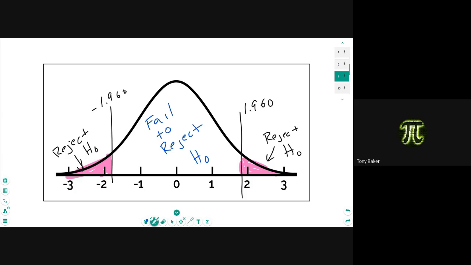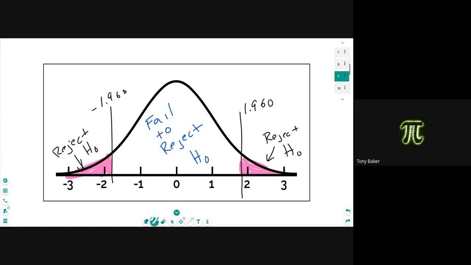Does anywhere on there say, I accept the null hypothesis? No. Anywhere on there say, I accept the alternate hypothesis? No. You never actually accept anything. Okay? You're either going to fail to reject the null hypothesis or reject the null hypothesis.